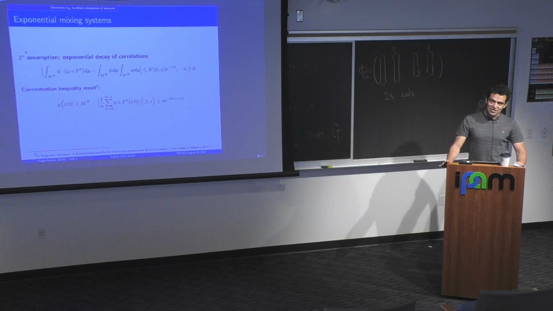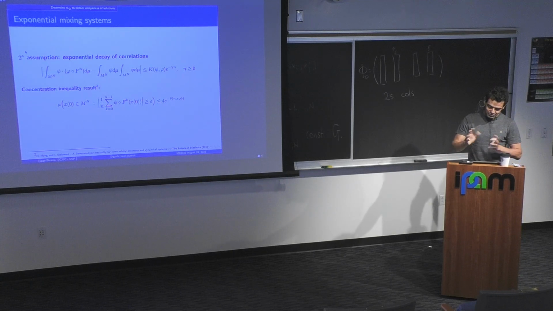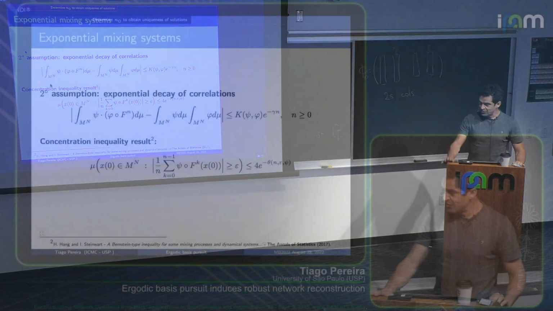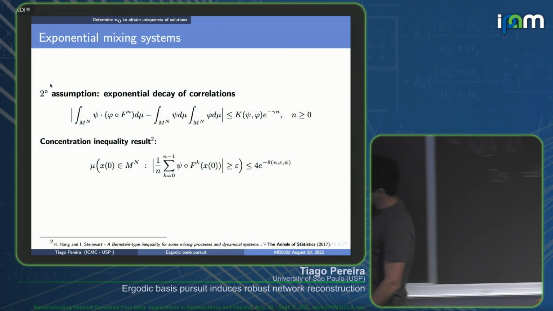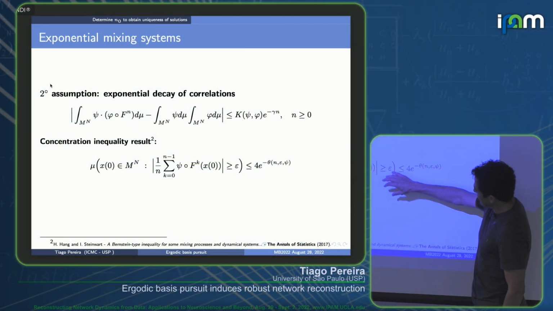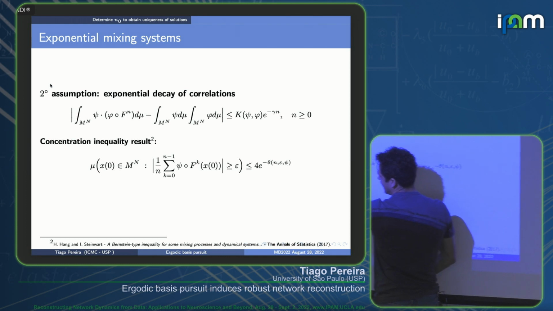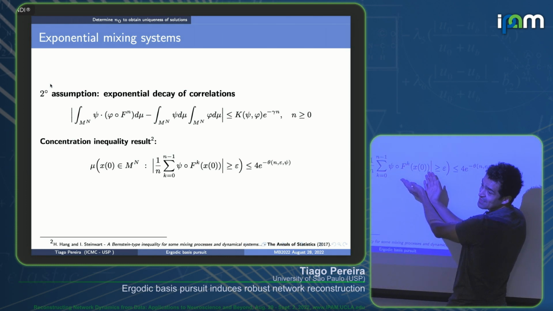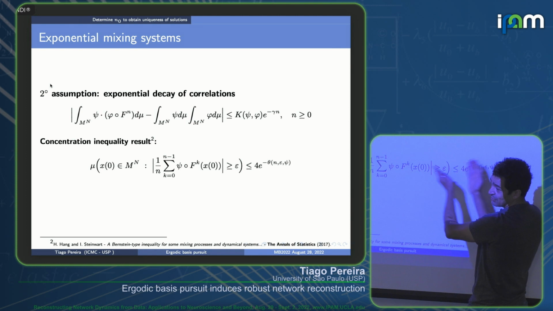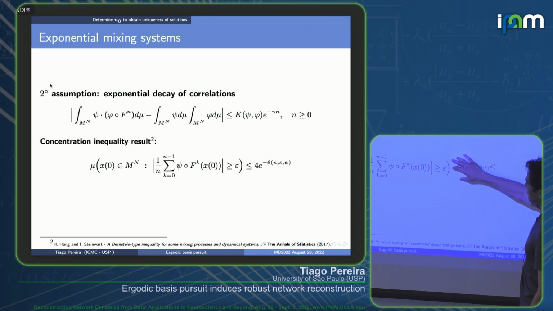So if you have a system that loses memory exponentially fast, you have a result. I mean, you have to do the checking. You have a result that you can control the measure of the sets that will give you good statistics in some way. This is called large deviation.